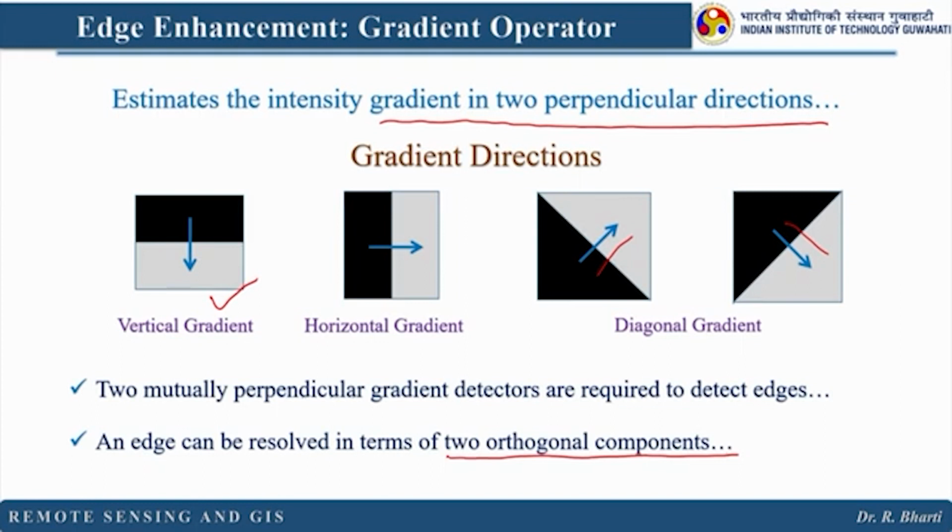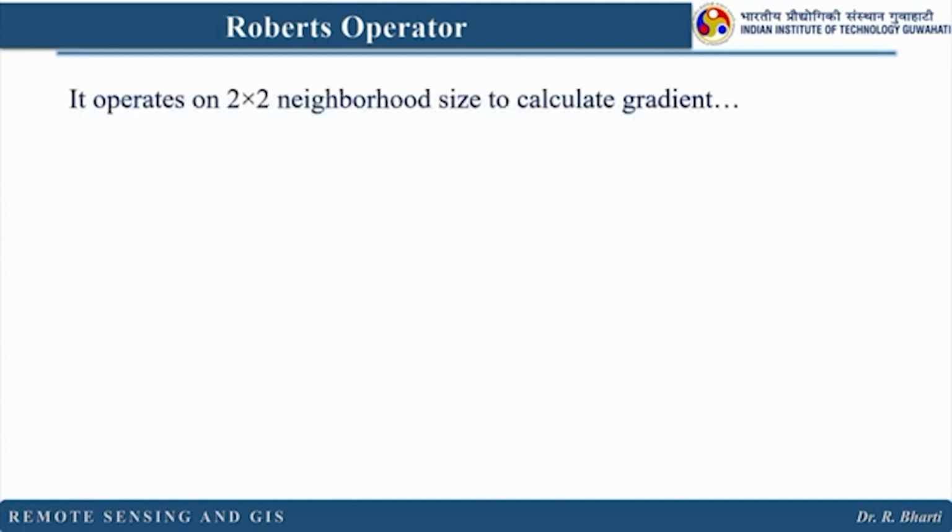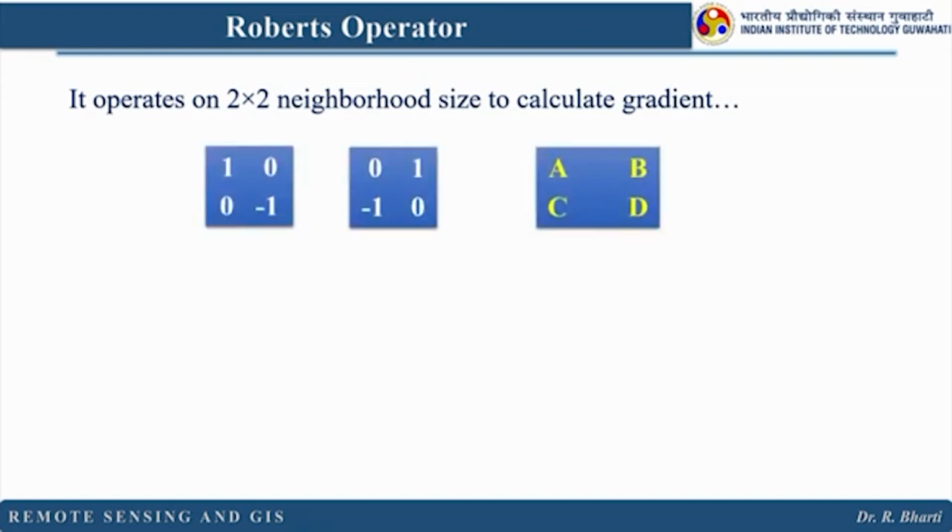Let us see some of the gradient operators, like the Roberts operator. Here what it does is it operates on a 2 by 2 neighborhood size to calculate gradient. So basically here we want to identify the gradient, and its kernel size is 2 by 2. I guess neighborhood is clear to you because in the last class we covered the complete concept of neighborhood, right.